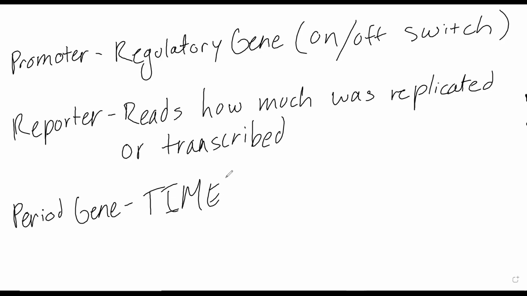The period gene is what tells your promoter to begin producing at a specific rate, and it will control that, right? It's what turns the promoter on and what turns it off, right? The reporter will also communicate to the period gene whether or not it needs to turn off. But that's basically what it does. It controls the first two.